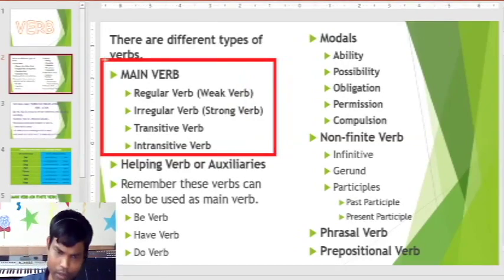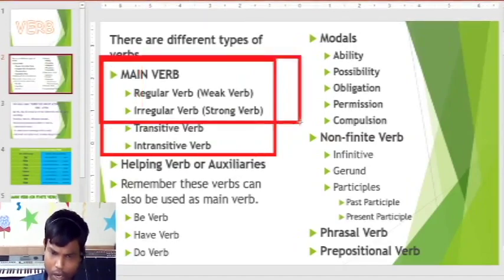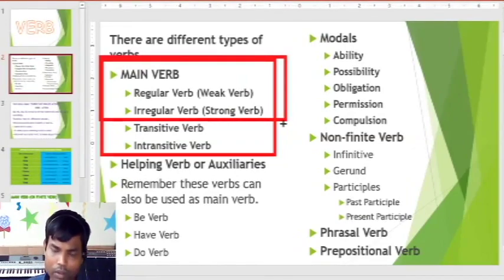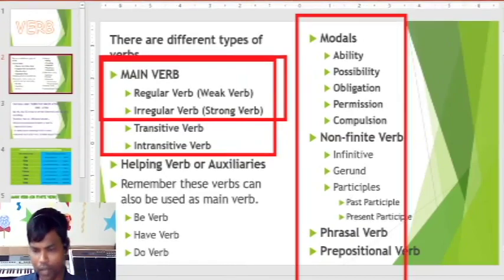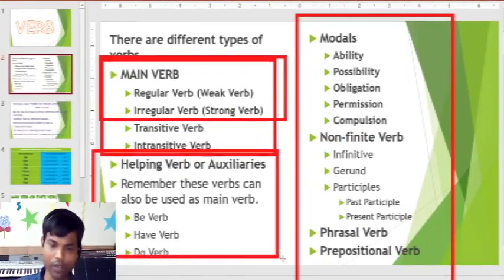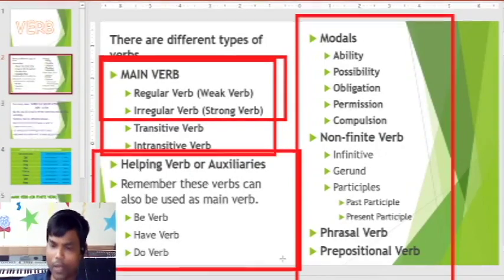So, two periods. Today, we will be talking about regular and irregular verbs. And let us see how it works out, and we'll enter into the next. Other things, this side, what you see is the total syllabus about verb, which we shall be seeing one by one.